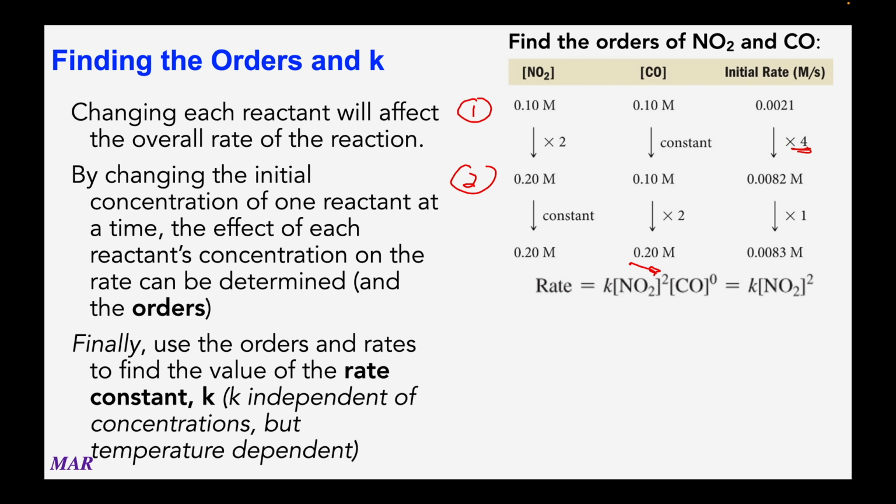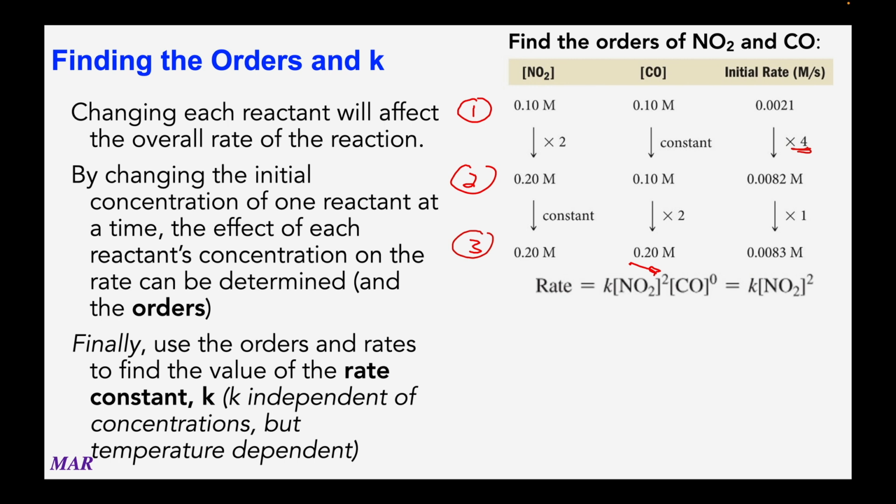But let's go on to the next one, because in the 2 versus 3, the third set of reactions, they left the NO2 alone. They didn't change that. You don't want to have any effect from the NO2. But they doubled the CO. CO went from 0.10 to 0.20. And if you look on the right-hand side for the rates, it went from 0.0082 to 0.0083.